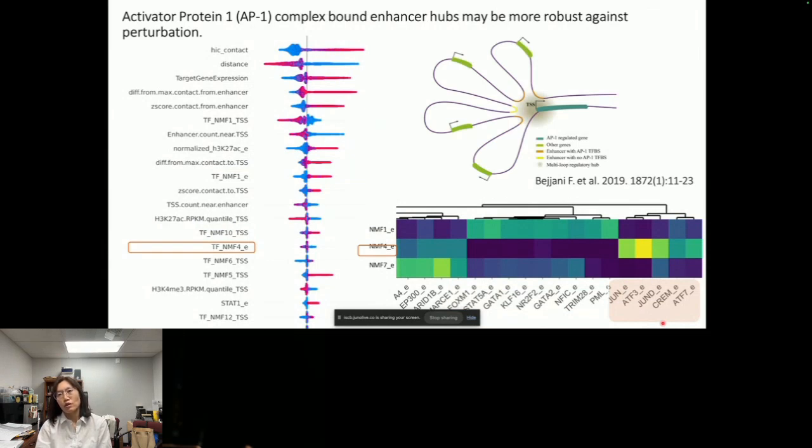So the interpretation is that if you have the AP1 complex binding the enhancer, that enhancer is more likely to be part of an enhancer hub where multiple enhancers are regulating a single gene. And CRISPR interference on one of those enhancers is not likely to downregulate the gene very much because there are other enhancers that are redundant and robustly activating the gene.